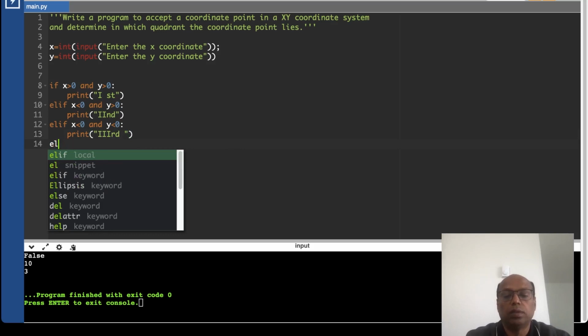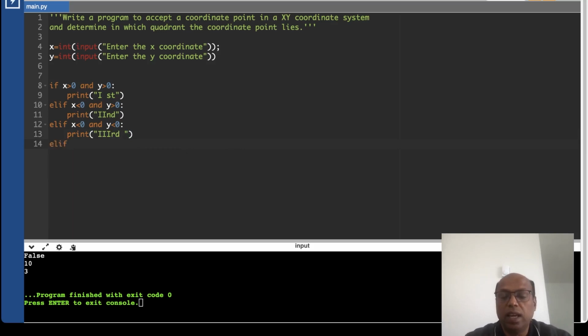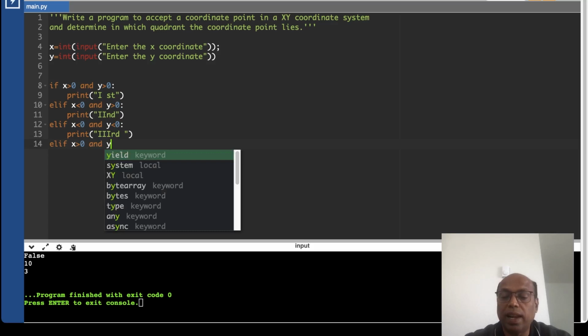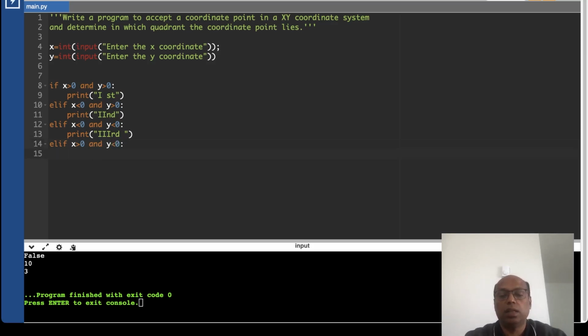If x is positive and y is negative, it is going to be the fourth quadrant.